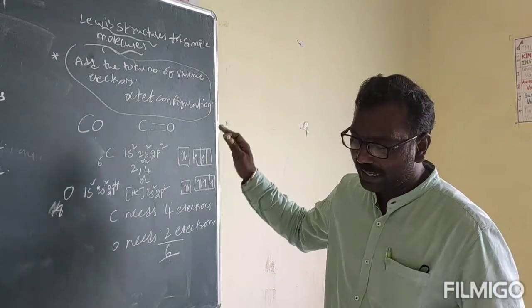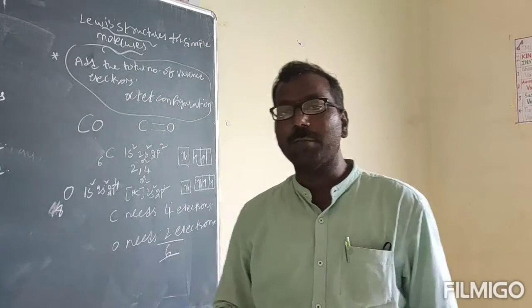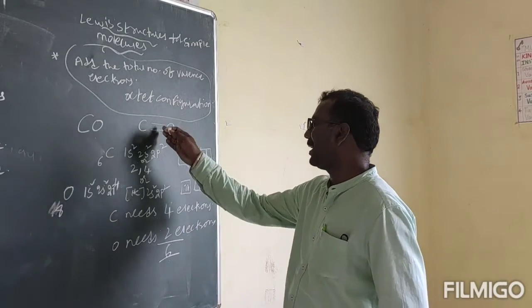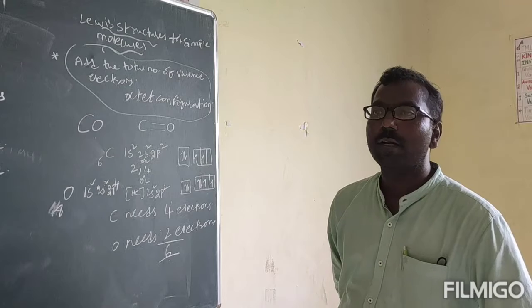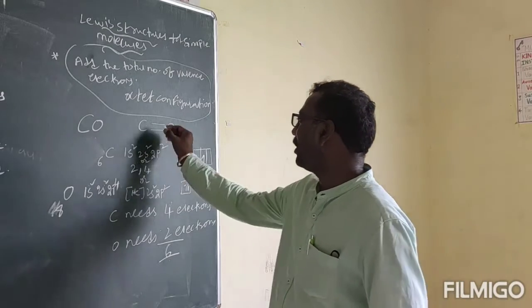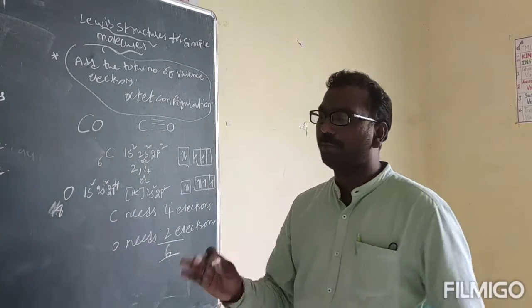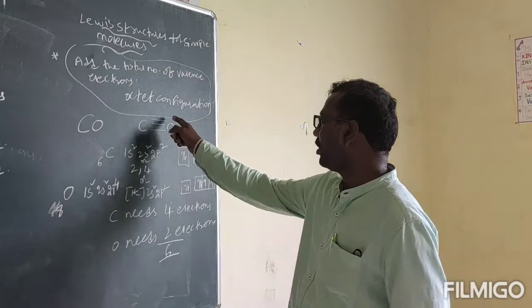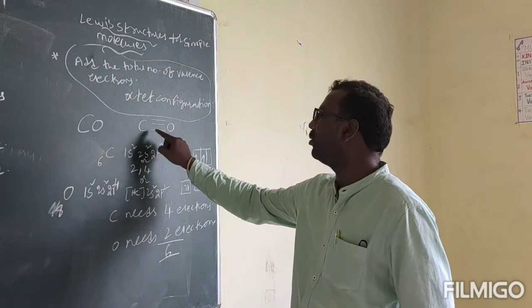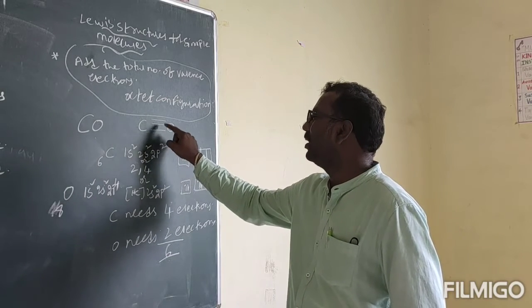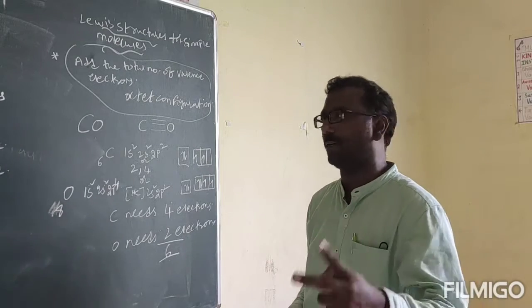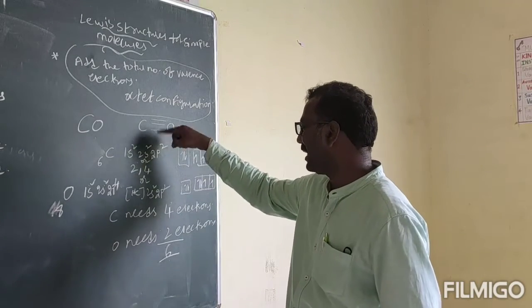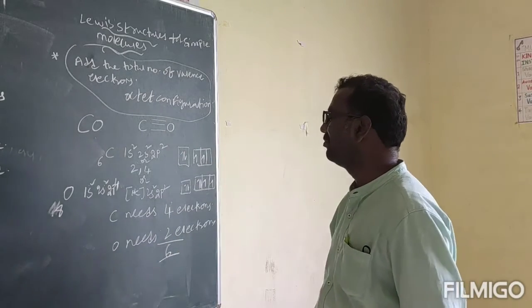Let us consider it has formed the double bond. 2 electrons are completed. Next, what is left? Carbon can form one bond. So triple bond is completed. So totally how many are completed now? 1, 2, 3, 4, 5, 6. One bond consists of 2 electrons. So totally 6 electrons are completed.